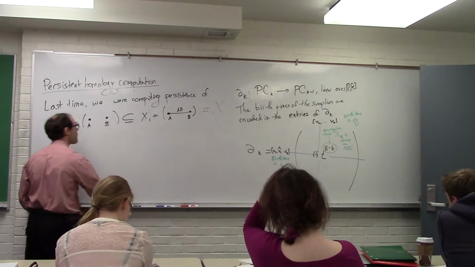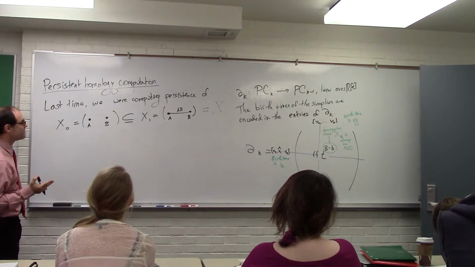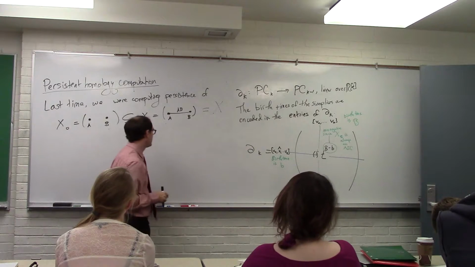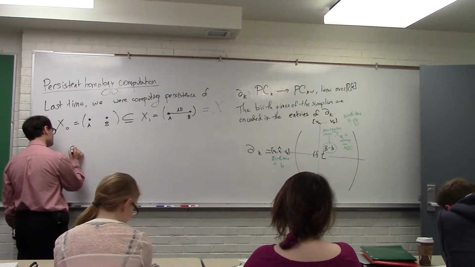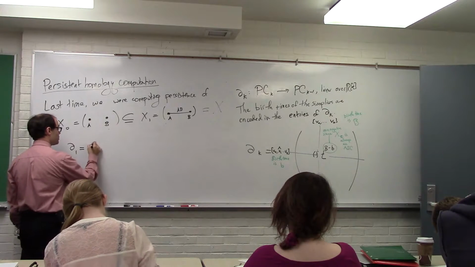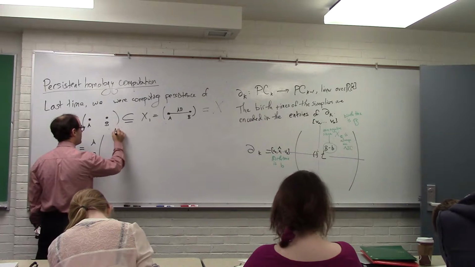Okay. So what boundary matrices do I have? I don't really have boundary 0, which is a zero matrix, and boundary 1 in this case. What's boundary 1? Well, I'm going to label the rows with A and B, the 0 simplices. I'm going to label the column with AB.